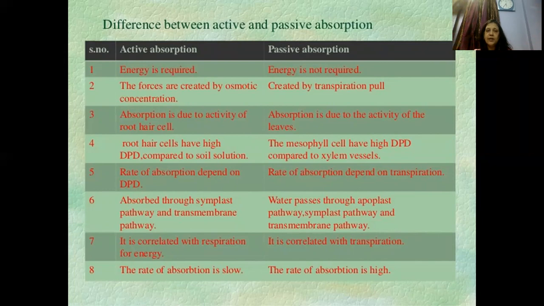So we end the third lecture here, okay. In the next lecture we would understand the next concept, that is the translocation of water, that is ascent of sap. Go through this chapter well. It is not very diagrammatic.